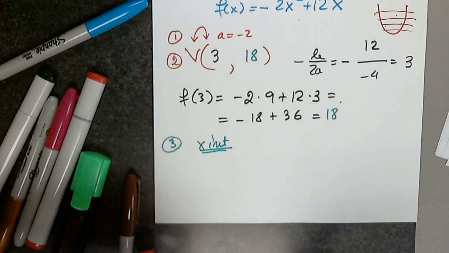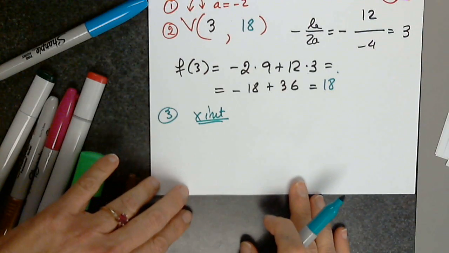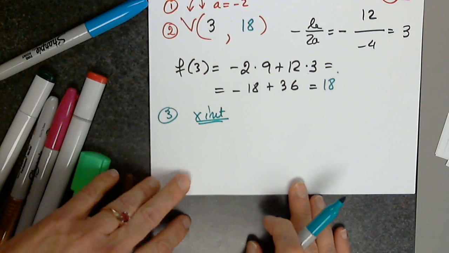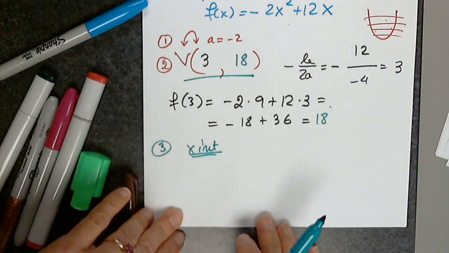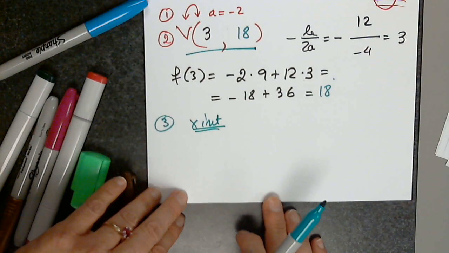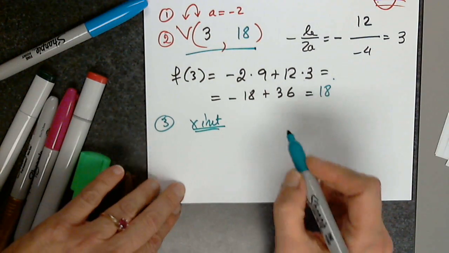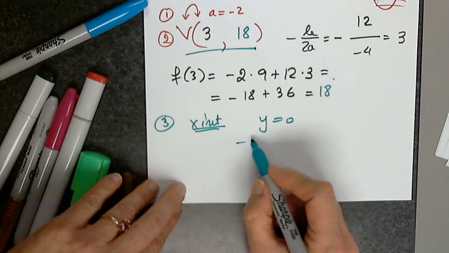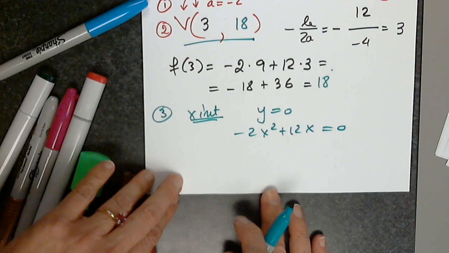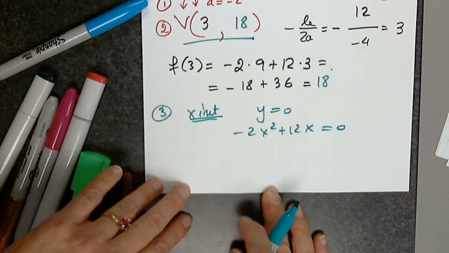So how do I determine them? I already found the vertex. How do we find the x-intercepts for any function? Correct. So then negative 2x squared plus 12x equals 0. Factors simplify.